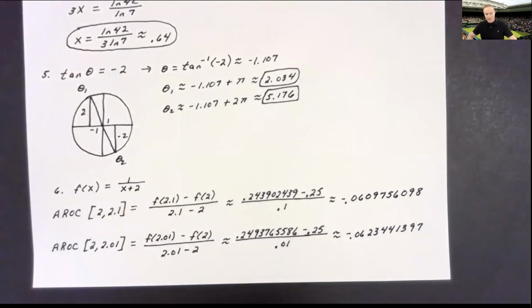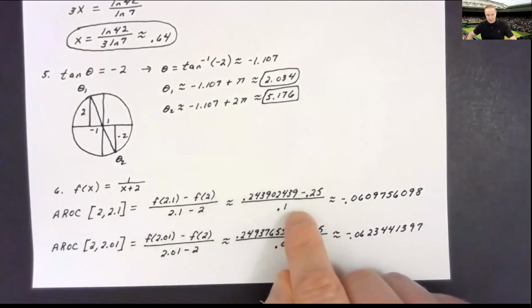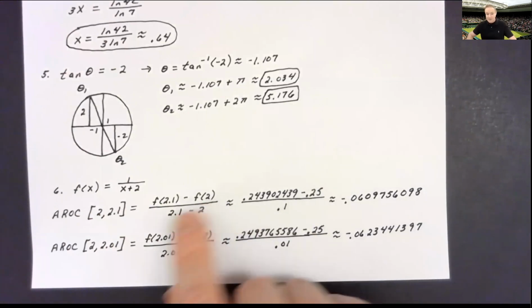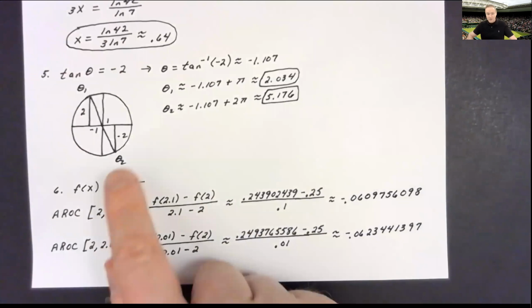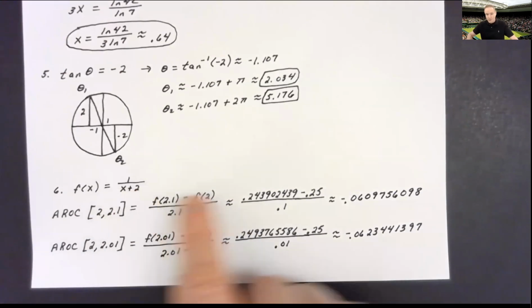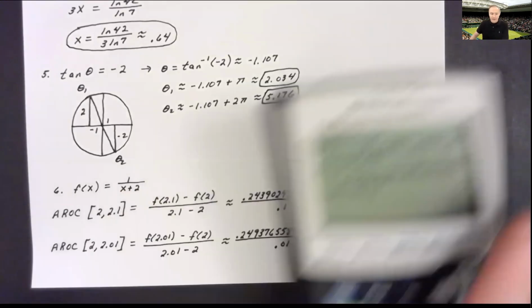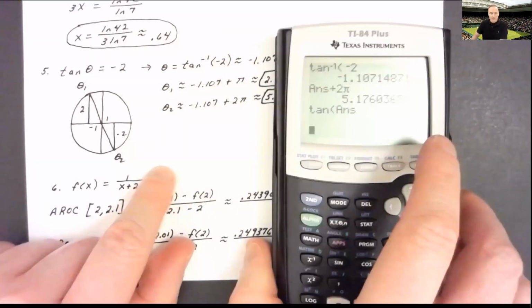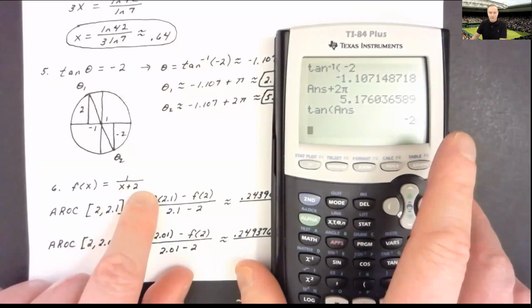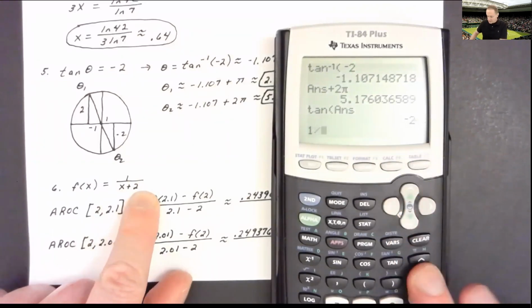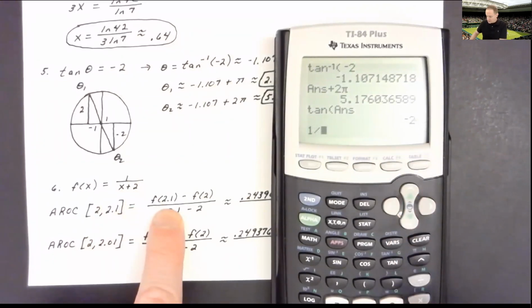So then you can say, well, clearly the change in x, it's going to the right 1/10 of a unit. F of 2 is never going to change in any of these, and that's just 1 over 2 plus 2, that's 1/4 or 0.25. F of 2.1 here, that's really easy to figure because you can just say, well, it's going to be 1 over x plus 2, 1 divided by 2.1 plus 2, that's just going to be 1 over 4.1.